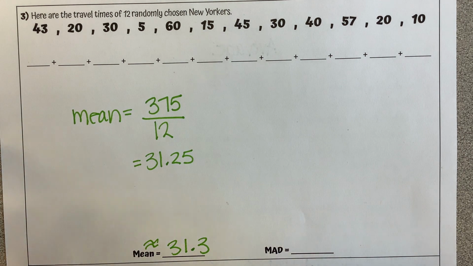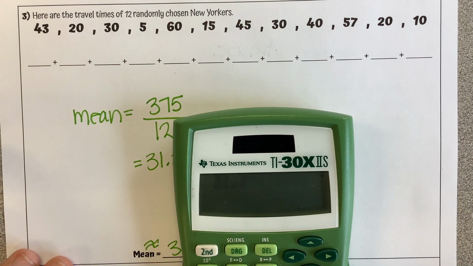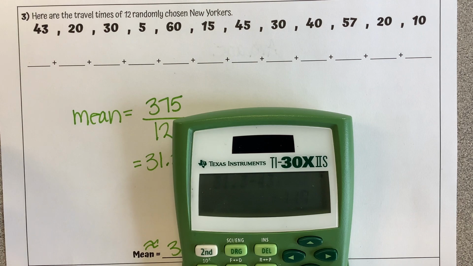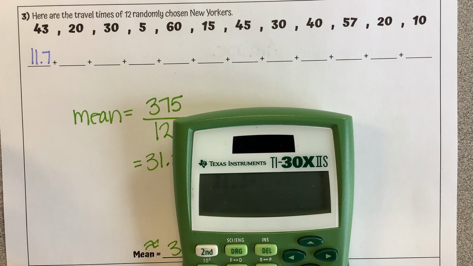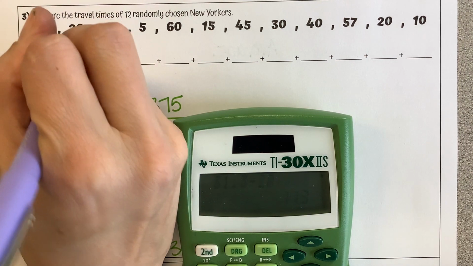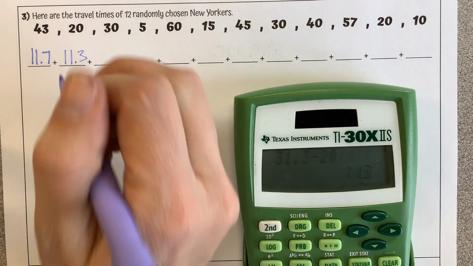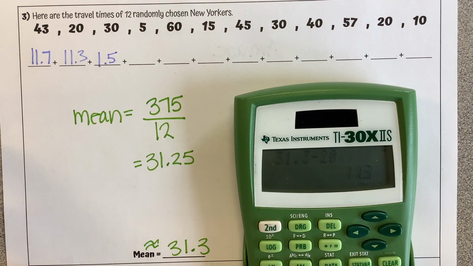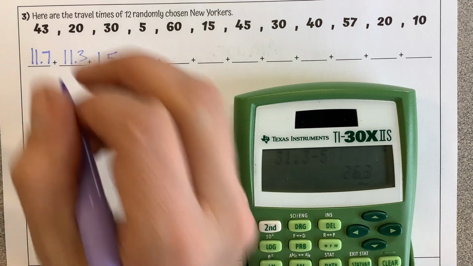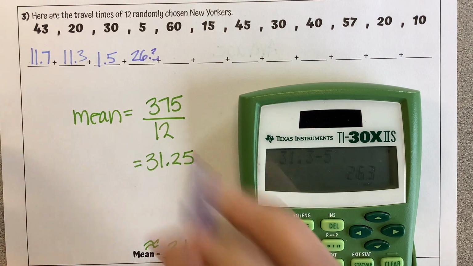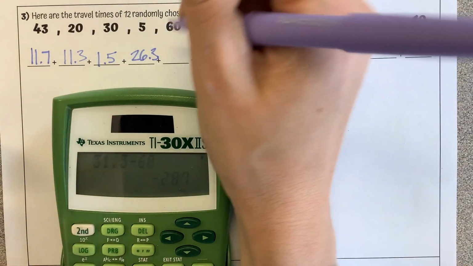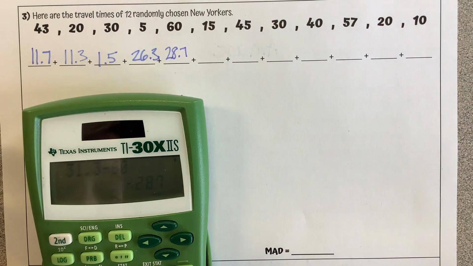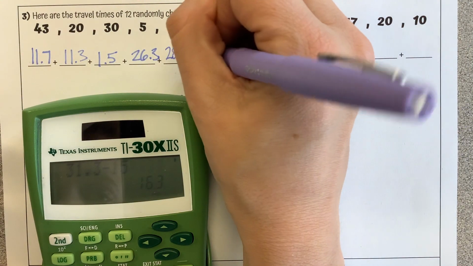So I am plugging into my calculator. 31.3 minus 43 is 11.7. 31.3 minus 20 is 11.3. 31.3 minus 30 is 1.3. 31.3 minus 5 is 26.3. 31.3 minus 60 is 28.7. 31.3 minus 15, 16.3.